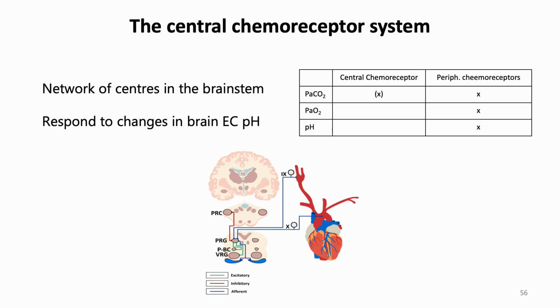But in contrast to the peripheral chemoreceptors, it causes a larger change in ventilation that's sufficient to correct the initial change in CO2. So it responds within 1.5 minutes, sometimes a bit longer than that even.